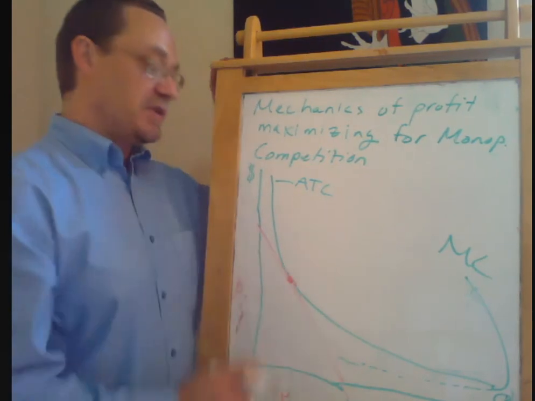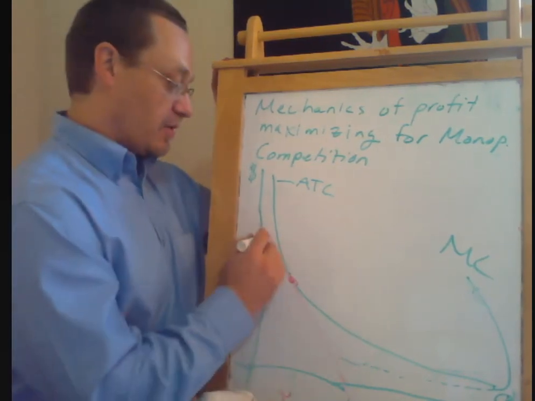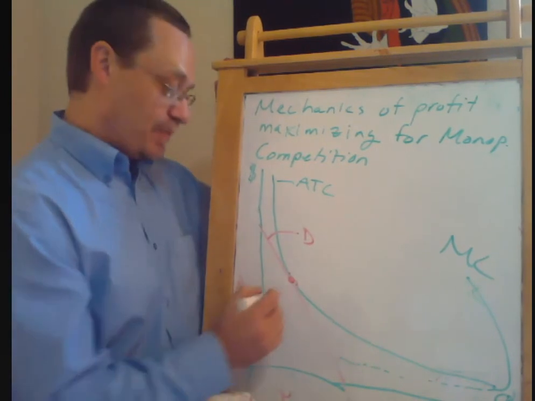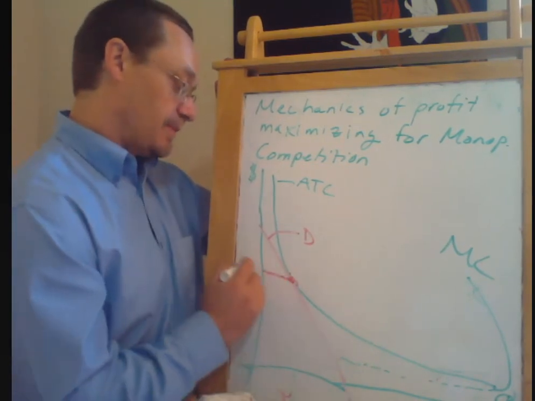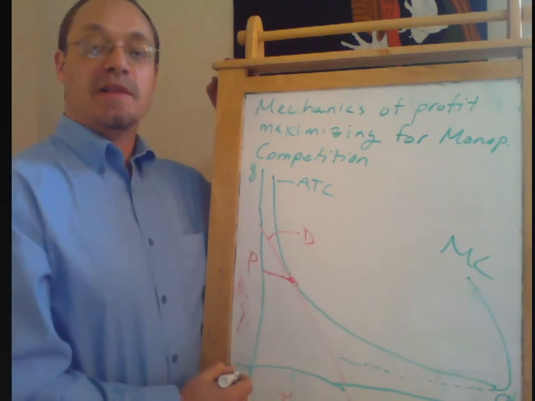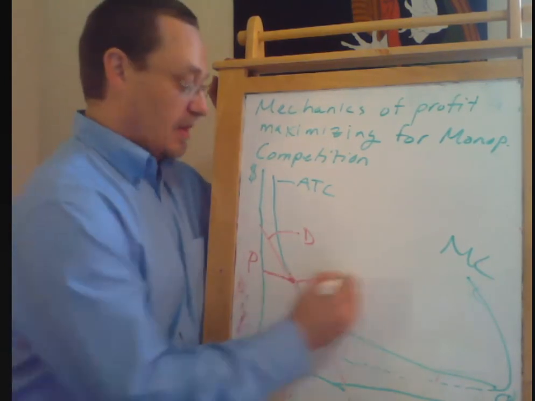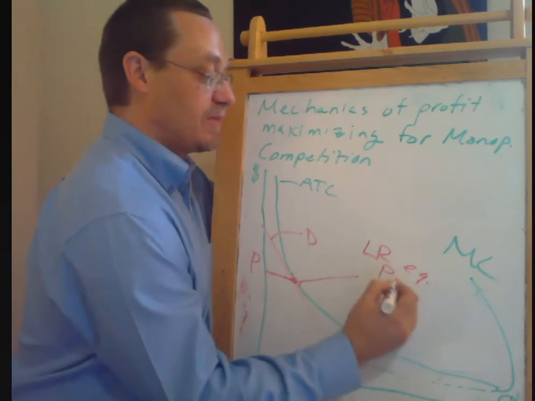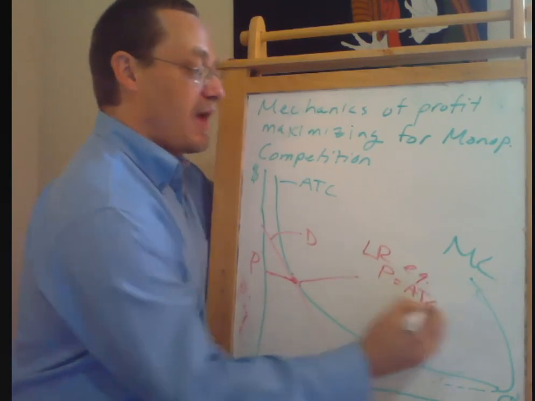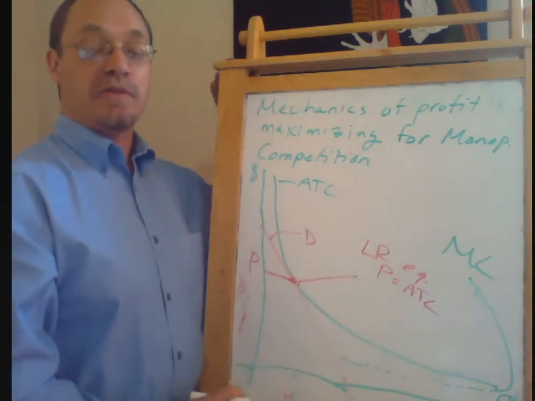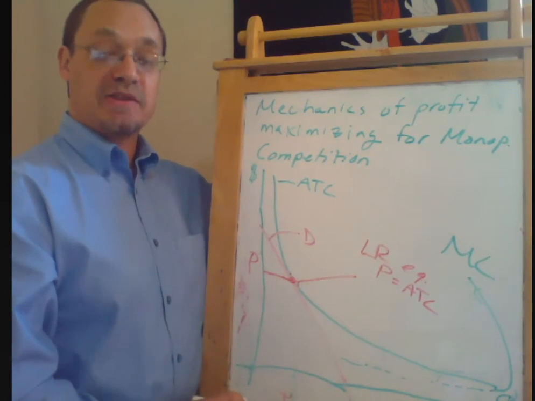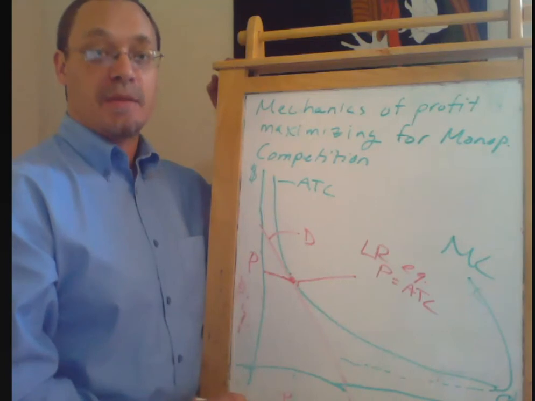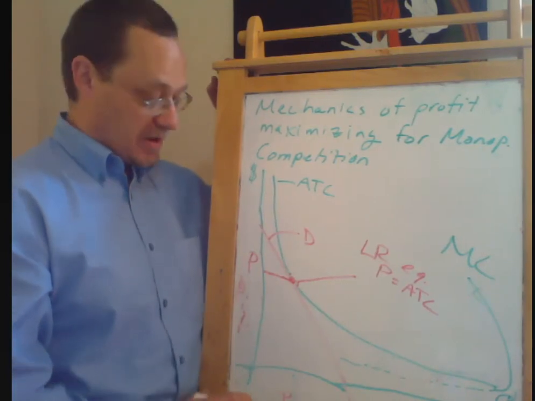So when the demand curve and the average total cost curve touch, there is going to be a price that will allow firms to break even. So this is the long run equilibrium price, and it's going to equal average total cost. So firms are neither making economic losses and want to leave the industry, nor are they making economic profits and want to enter the industry.